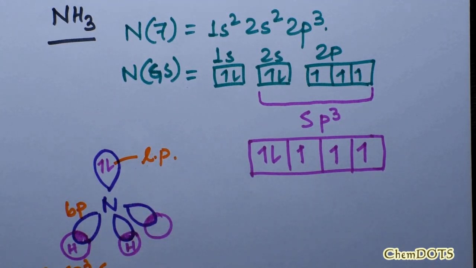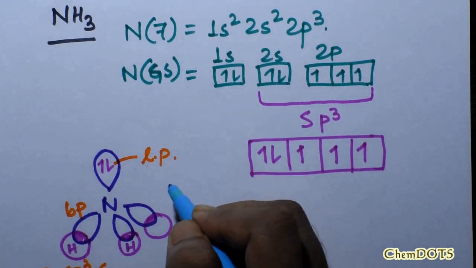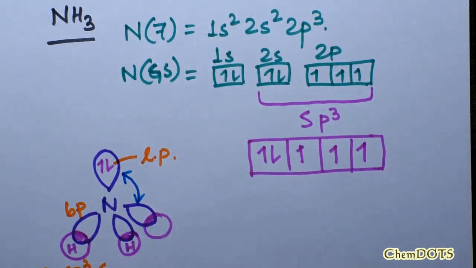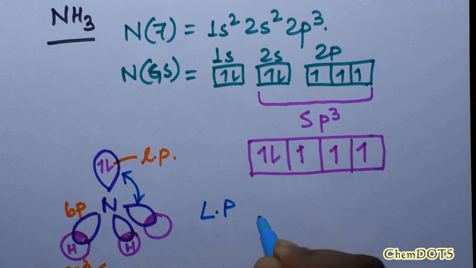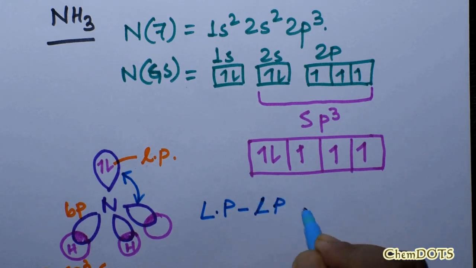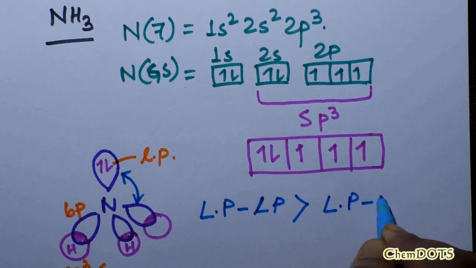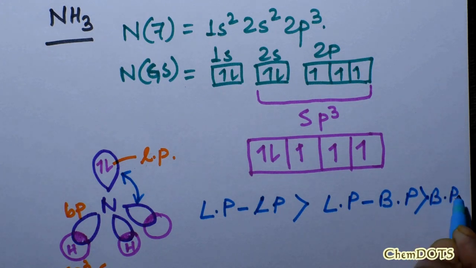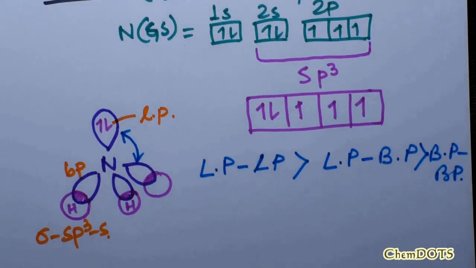There will be a repulsion between the lone pair and bond pair. According to VSEPR theory, the lone pair-lone pair repulsion is greater than the lone pair-bond pair repulsion, which is in turn greater than the bond pair-bond pair repulsion.